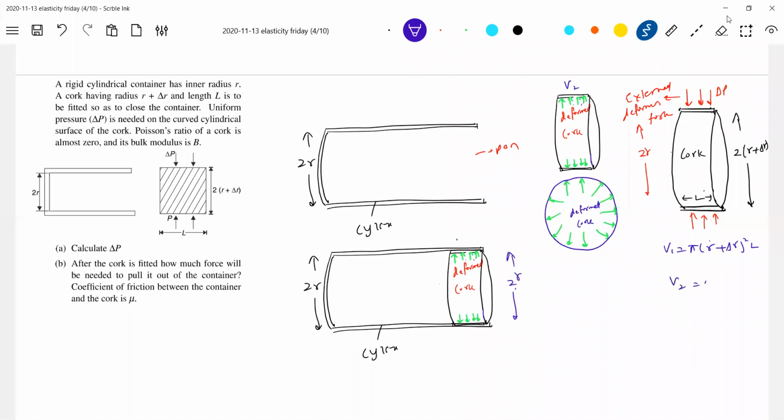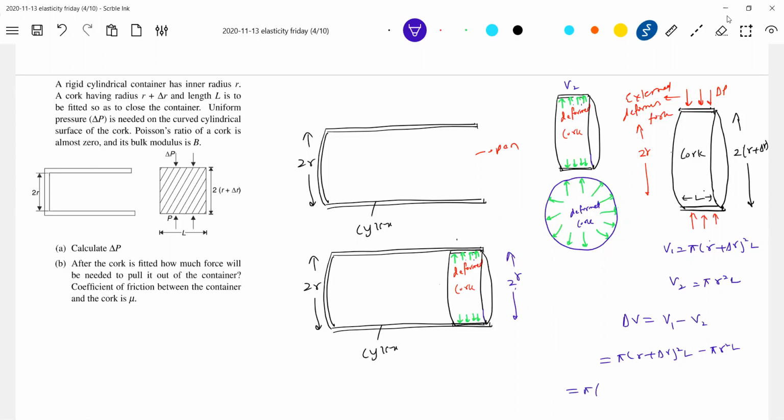What is V2? Pi r squared into L. What is the change in volume? Delta V should be equal to V1 minus V2. V1 is pi (r plus delta r) whole squared L minus pi r squared L.